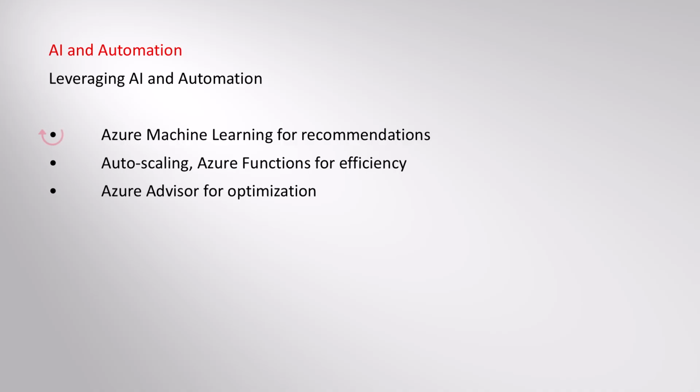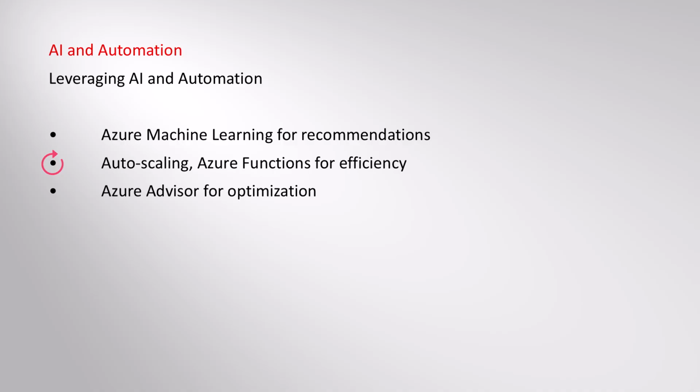Azure Machine Learning analyzes customer and sales data to provide fast, relevant product recommendations, enhancing customer satisfaction. Automation includes autoscaling in Azure App Service to manage peak traffic while reducing costs during low traffic. Azure Functions handles serverless tasks, such as image processing, to minimize resource waste.